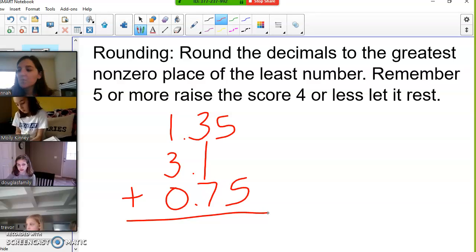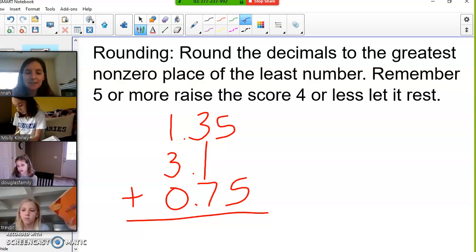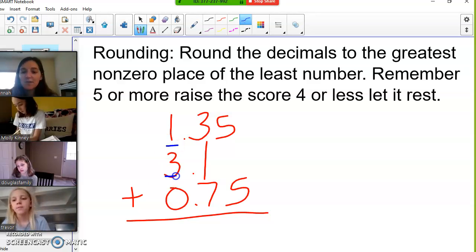Okay. And so what this is telling us is we're going to underline the greatest place. So let me back up here. We're looking for the non-zero place of the least number. If this is confusing, I'll give you a second option for this. But I'm looking through and I'm saying, okay, so like this one and this one, this is the greatest place, but this one is the least greatest place, if that makes sense.